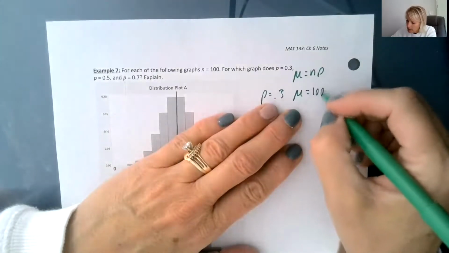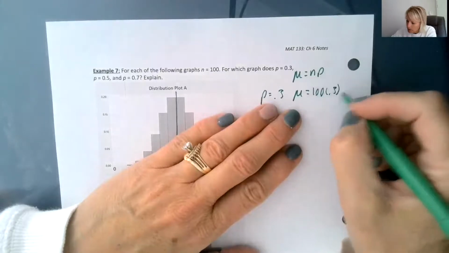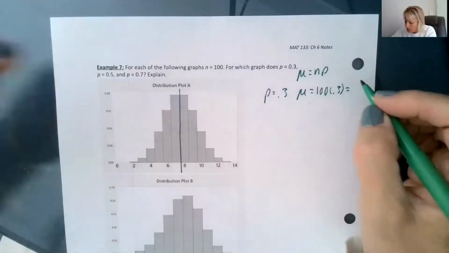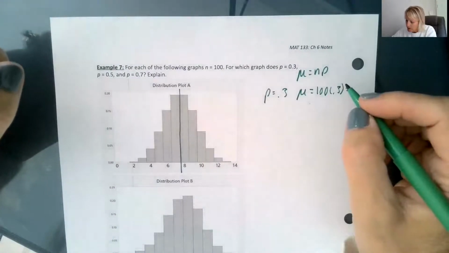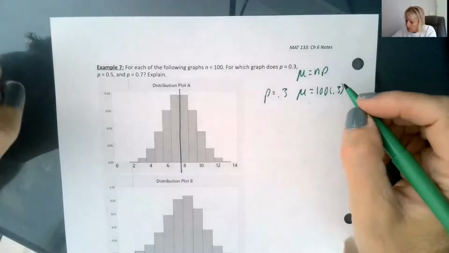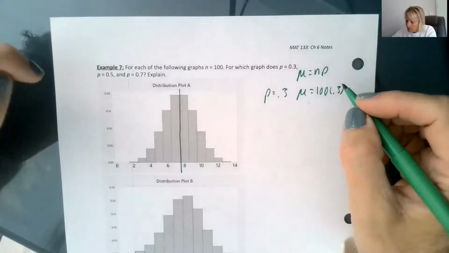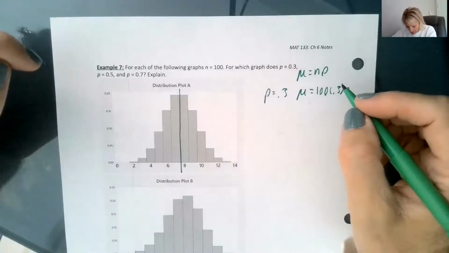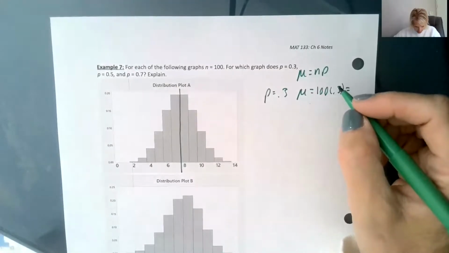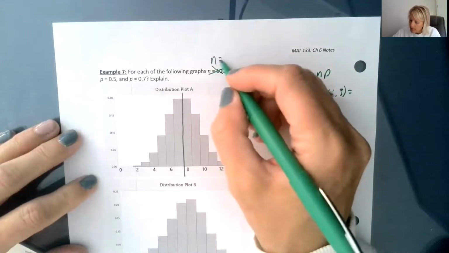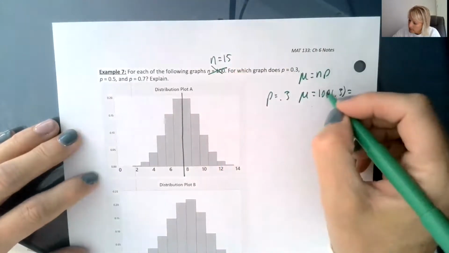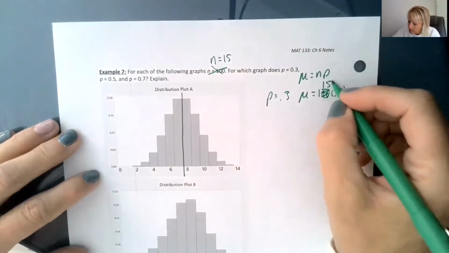So this would be 100 times 0.3, which would be equal to 30. Oh, I forgot. This is supposed to be n equals 15. That was a mix-up in your course pack.